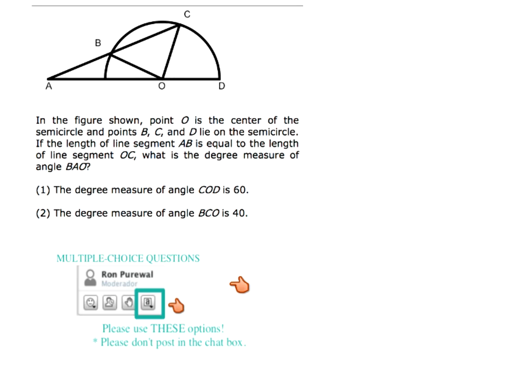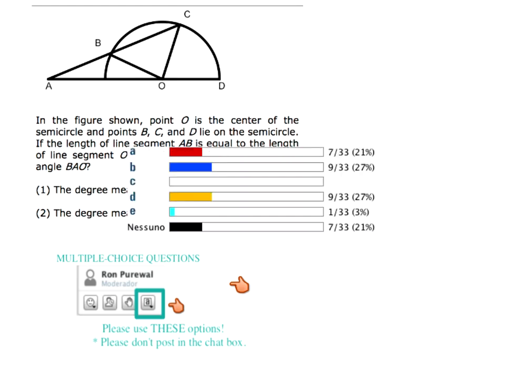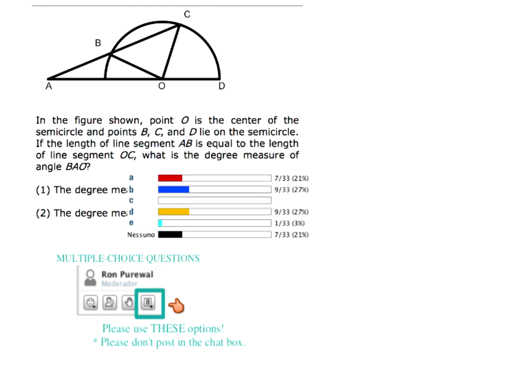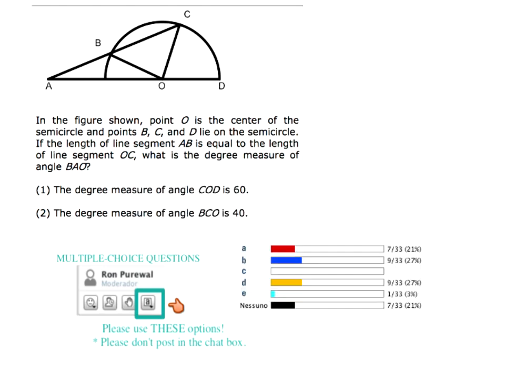Here are the choices that you guys picked as a class. There are the non-responses in that bottom row. One of those is me, but this means that there are 6 other people who didn't answer the question.